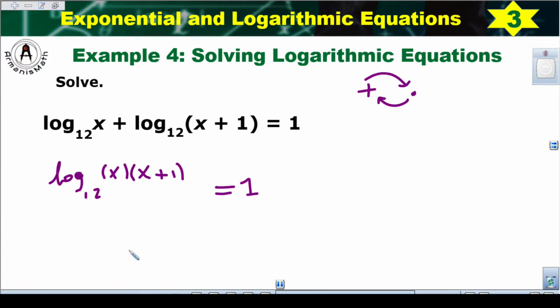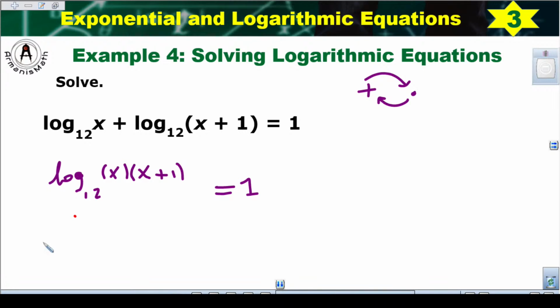Okay, and again, I'm going to do the same trick. I just have to introduce a base. I'm not going to rewrite this whole thing again. I'm just going to introduce the base here. So this 12 is my base raised to this power. Well, hold on a second. Let me take that further step.